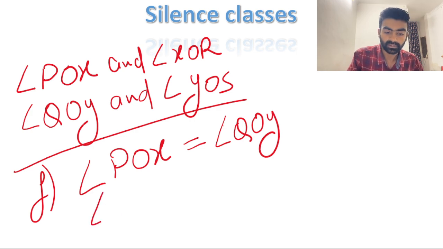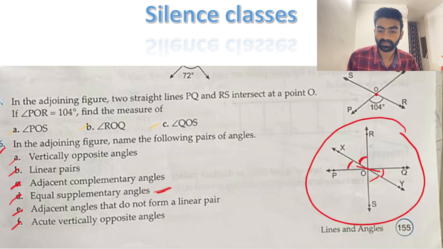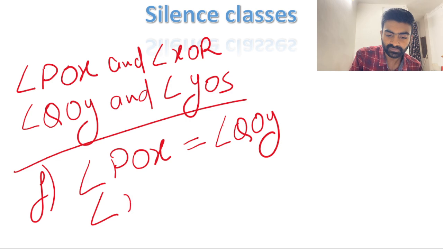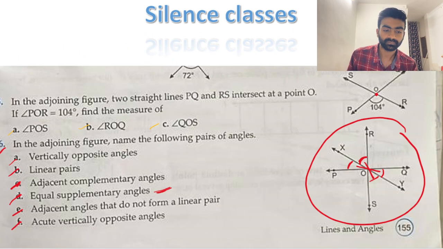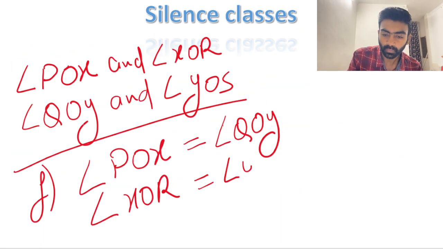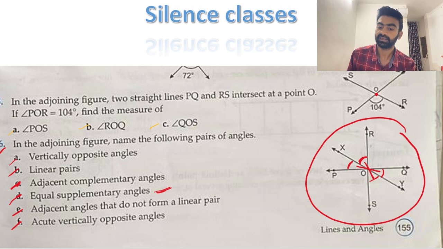Okay, now the next one, this one is like this: angle XOR is equal to angle YOS.